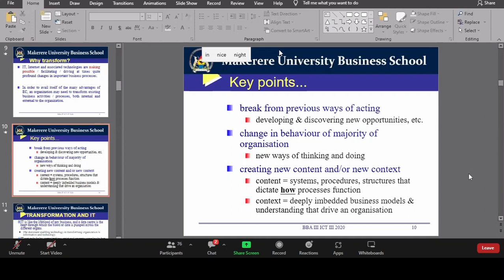Then 2, change in behavior of the majority of the organization. There's what we call a paradigm shift. Do we know what that means? A paradigm shift. Someone knows? Who knows what it is? Nick, what is a paradigm shift? Ditham, what is a paradigm shift? MM, what is a paradigm shift?